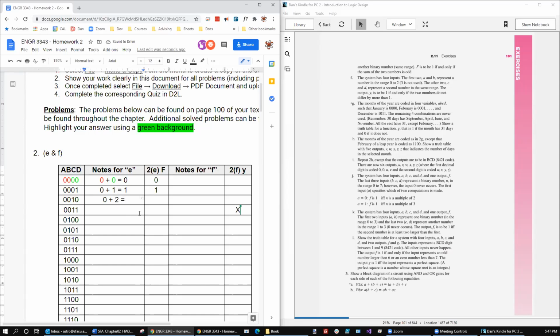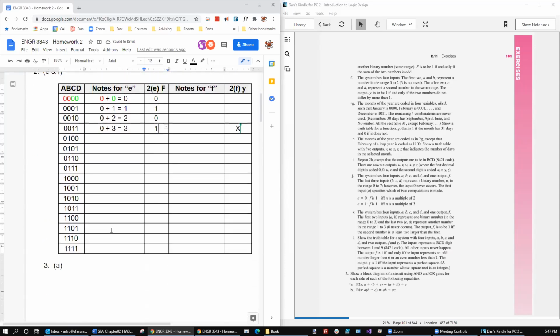And I did that completely wrong. Oh wait, no, that is right. That's the number 2, and then that's an even number, like this. All right, and then like this, 0 plus 3 equals 3, and then that's an odd number, so I put a 1 right there. And so you're going to do the same thing for all of those right there.